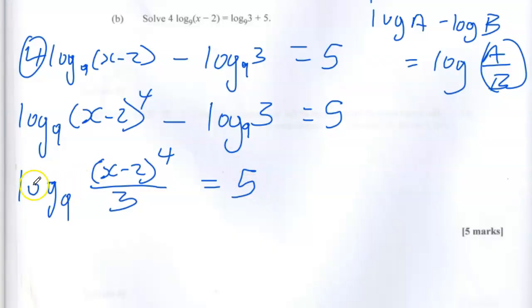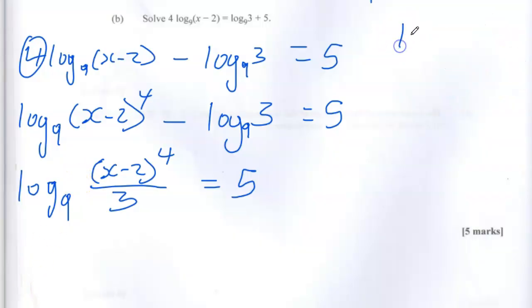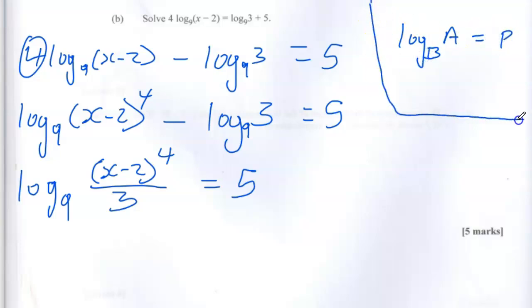Okay, so what else can we do now? There's another law in logarithm that says if I log A to the base B equal to a power, then it means that A, whatever is in the bracket here, is equal to the base raised to the power on the right hand side.